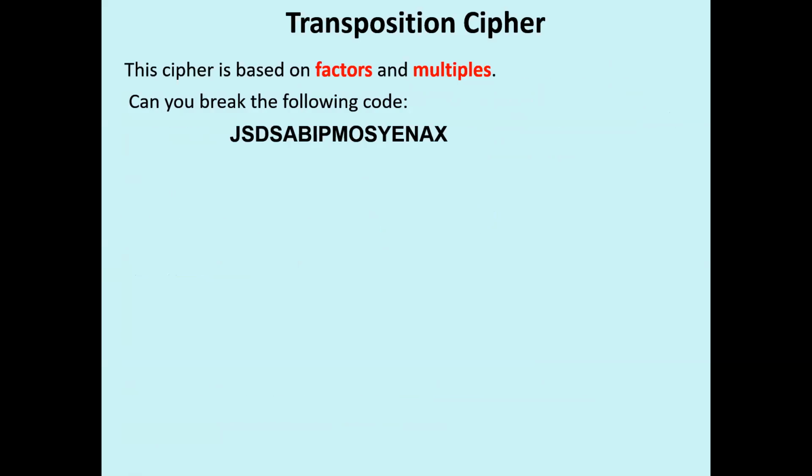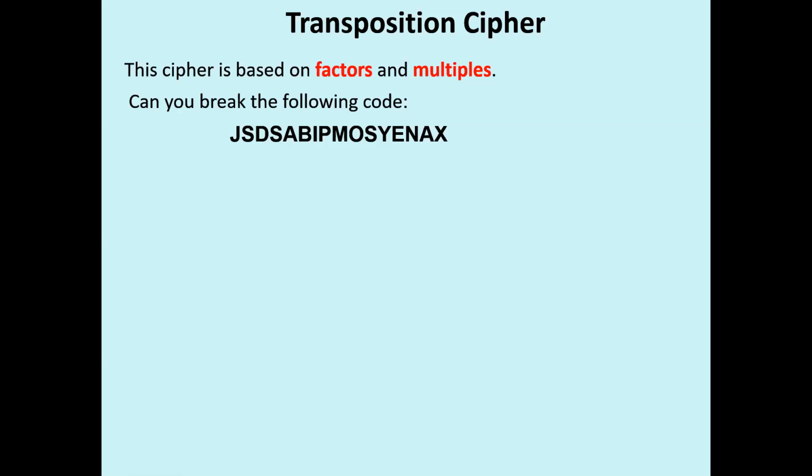Here is an encoded message. The question here is, how can we decipher it to try and make sense of it? Well, the process here is in effect the inverse. You first of all need to count the number of letters, and hopefully you can see that there are 16 letters there. And then there's a bit of trial and error because we don't know which factor combination to use.